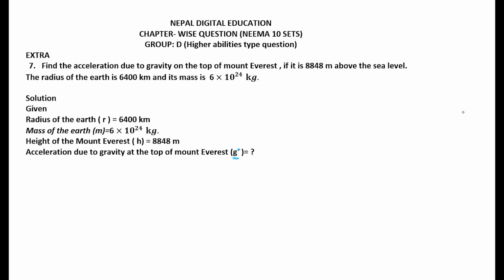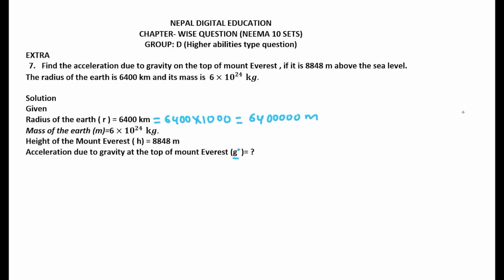So first of all, change this into meter. So it becomes 6400 into 1000. So the required value is 6400000 meter. So this is the required value of R, and its mass is given. So we have radius, mass, height, and we have to find the value of g.